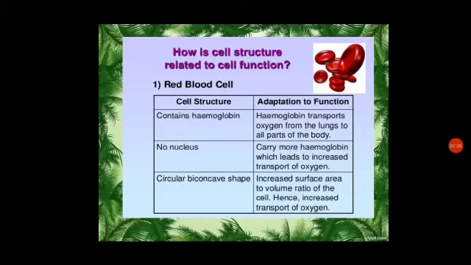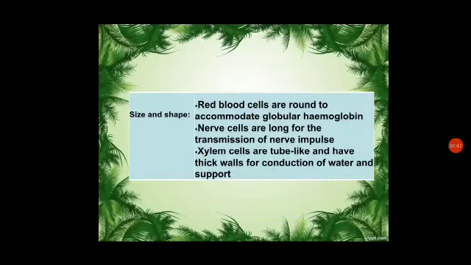They have a circular biconcave shape so that the increased surface area can increase transport of oxygen. Red blood cells are round to accommodate the globular hemoglobin, and nerve cells are long because they have to transmit nerve impulses.